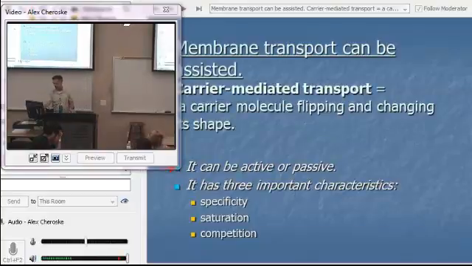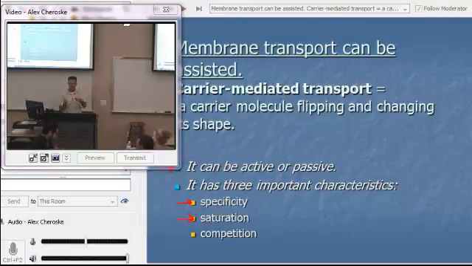And because it's carrier-mediated, like we said, it can be specific so that the particular molecule, the protein, matches with the particular molecule that it's transporting. It can become saturated if there's too many things to transport, and there's only so many of the Boy Scouts. Right? If you get a big busload of old people that just got back from Las Vegas and they all need to get across the street at the same time, you got 2 Cub Scouts, it's going to take some time, right?